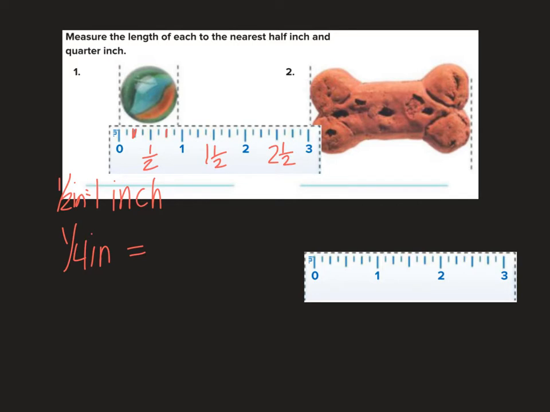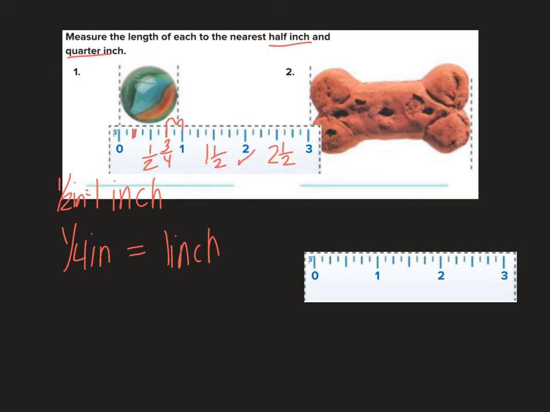And then the smaller ones that are in there are our 1/8 inch lines, because it cut our inch into 8 equal pieces. Okay, so I'm going to say, is it closer to 1 or is it closer to 3/4 of an inch? Well, it's still closest to 1 inch. So when we're measuring to the nearest 1/2 and 1/4 inch, both times our answer is going to be 1 inch.